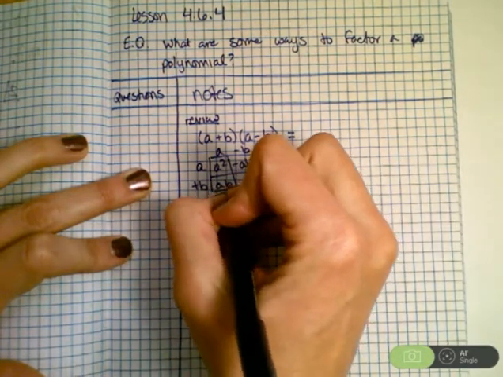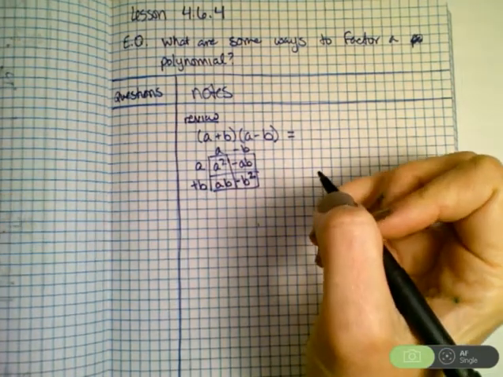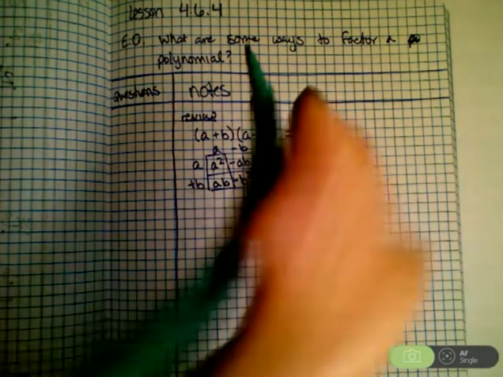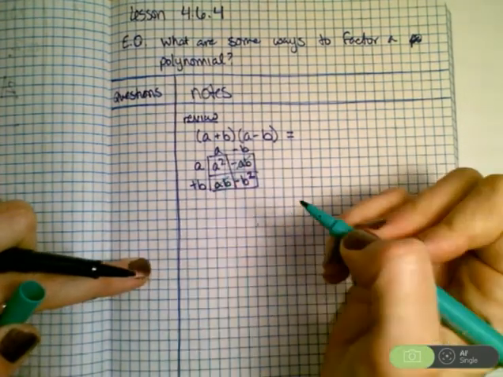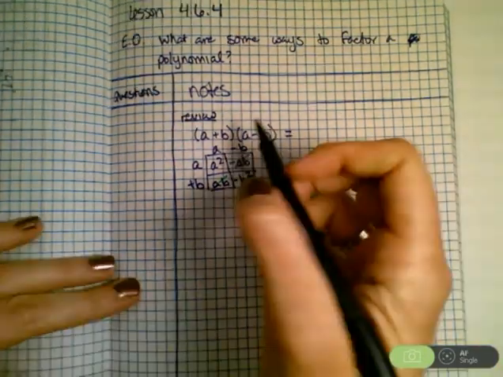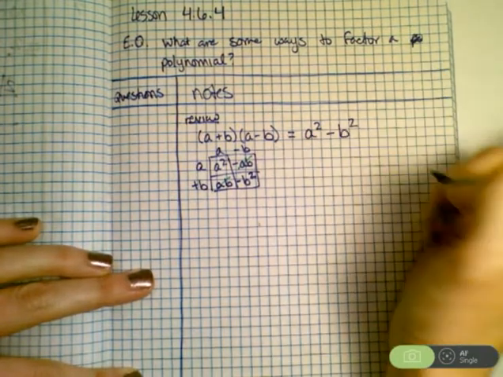Here we get positive a times b, and here we would get negative b squared. And hopefully what you can see pretty quickly is that the two things on the diagonal actually cancel out. A positive ab and a negative ab just leave you with nothing. So a plus b times a minus b is equal to a squared minus b squared.